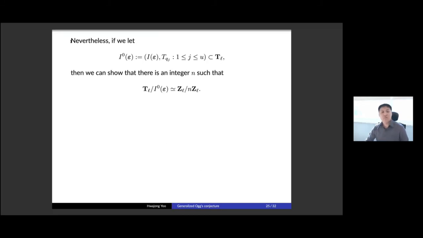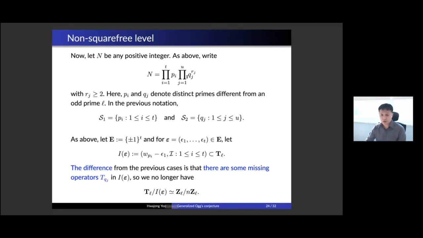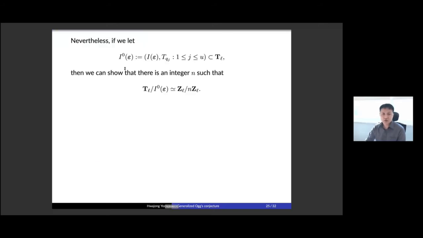Nevertheless, because q_j squared divides the level, if the form comes from a newform, then the eigenvalue must be 0. So I consider this new Eisenstein ideal containing all these T_{q_j}, which means the eigenvalue is 0.